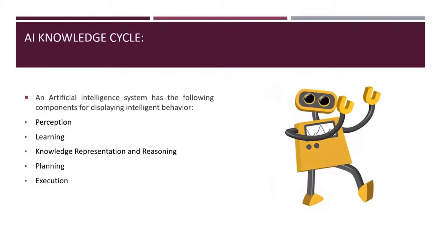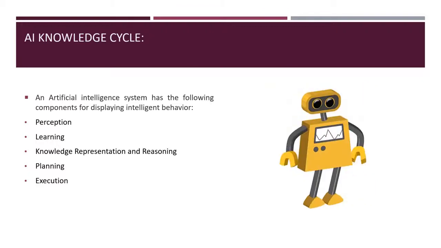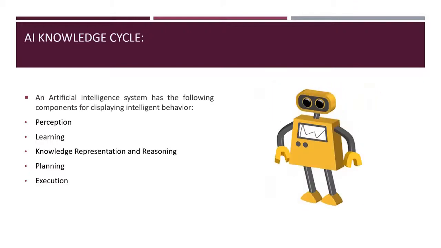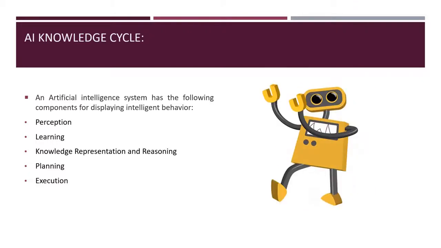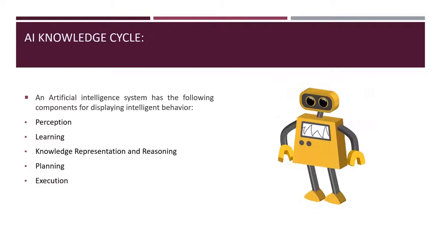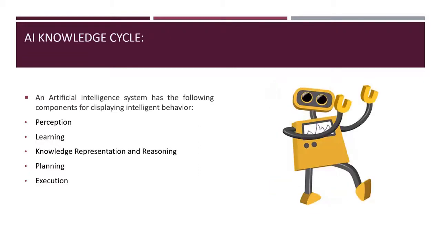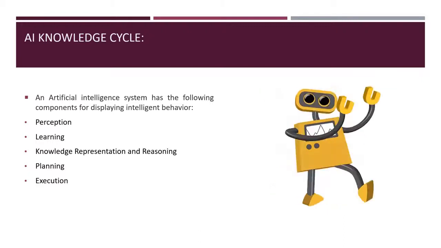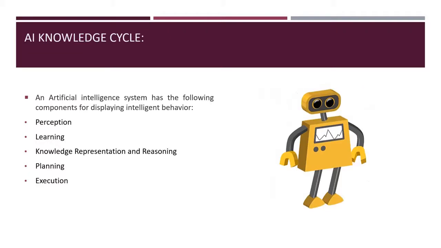And this agent can work with a sensor and the environment. In this knowledge cycle of the artificial intelligence system, there are many components which deal with intelligent behavior. The first one is perception. The next ones are learning, knowledge representation and reasoning, planning, and execution.